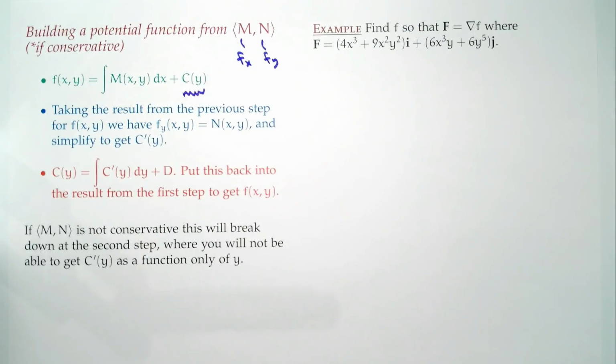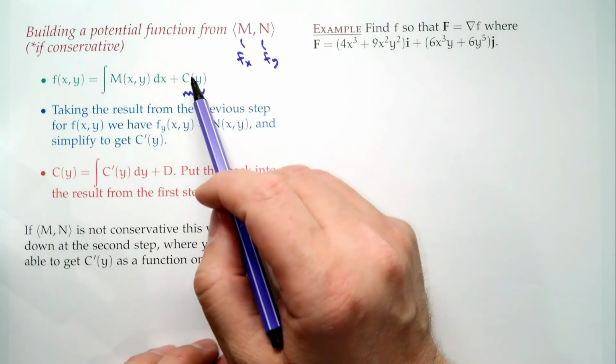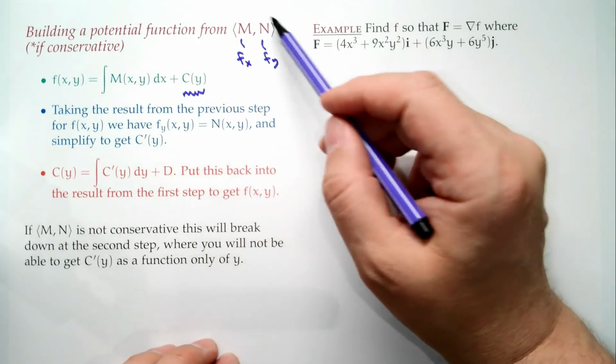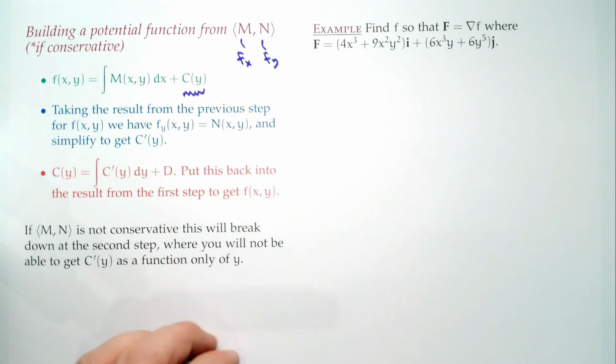So how do you figure out what that part is? Now let me take my current answer and take the derivative of it with respect to y. You'll have a C prime of y. But all that has to match N, because that's also the derivative with respect to y. And you're going to get your C prime of y. Once you have that, you can get C of y, and then you're done.